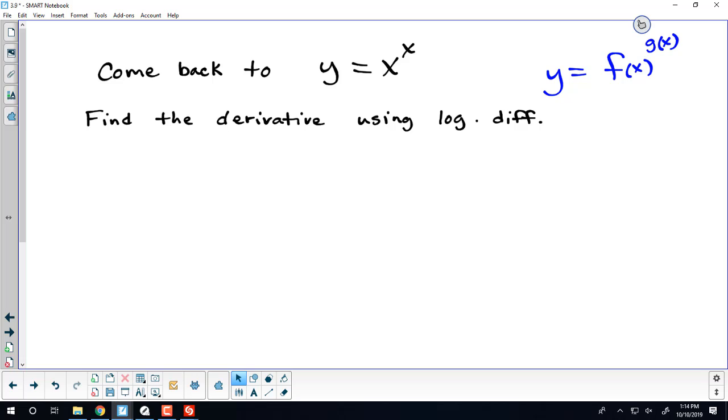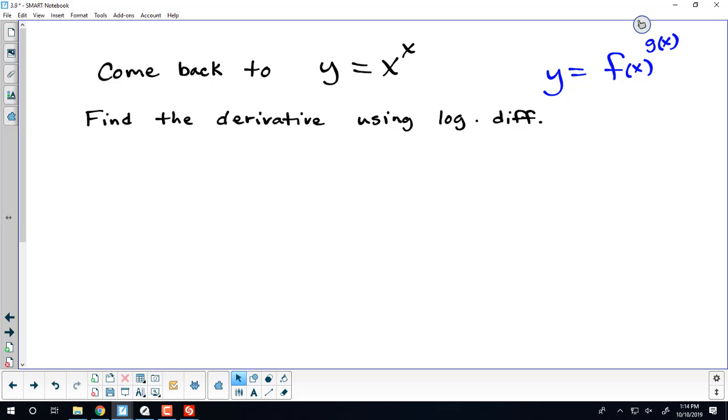Just to mention here, when we use logarithmic differentiation, you can use whatever log you want to use. When we look at just y equals the natural log of x, the derivative of that is 1 over x.